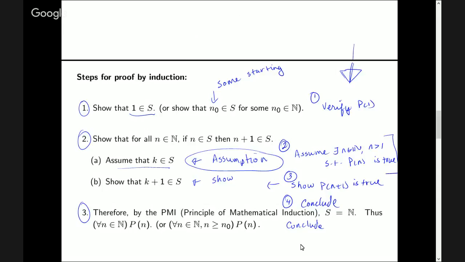So after you assume P of n is true, you apply the definition for divisible. You use your definition for divisible only at the assumption step, and then for your final step, you're going to use it again. The final step is to verify that P of n plus 1 is true.